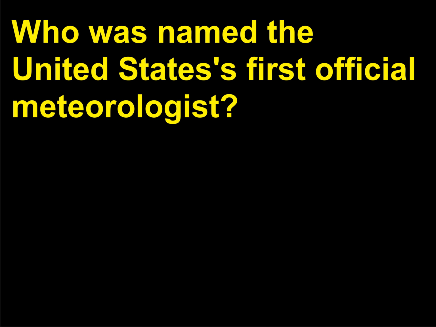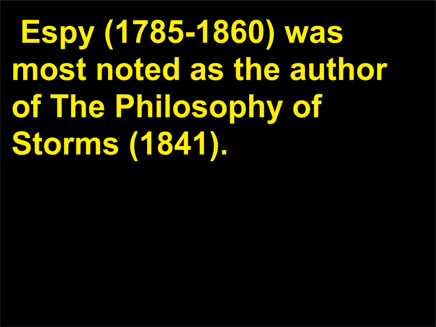Who was named the United States' first official meteorologist? James P. Espy, 1785 to 1860, was most noted as the author of The Philosophy of Storms, 1841.